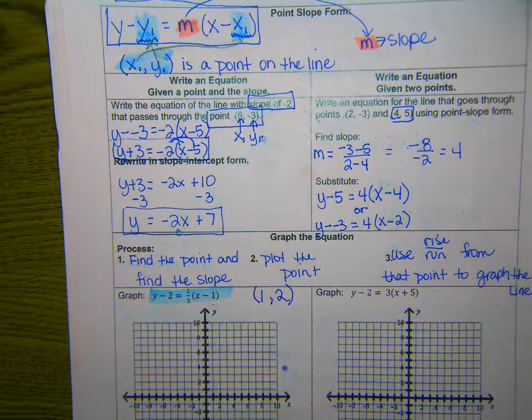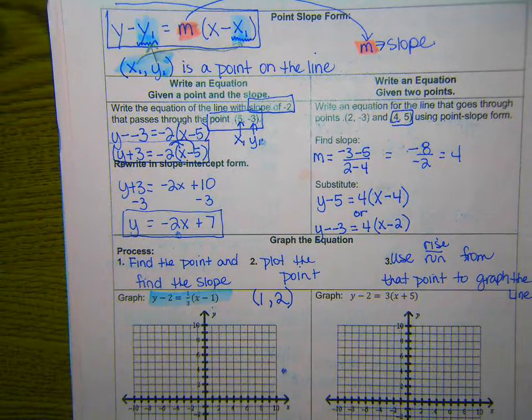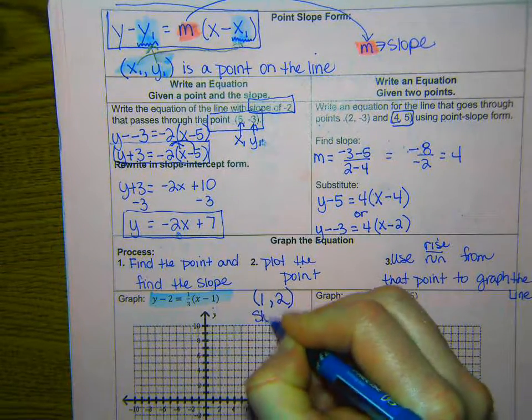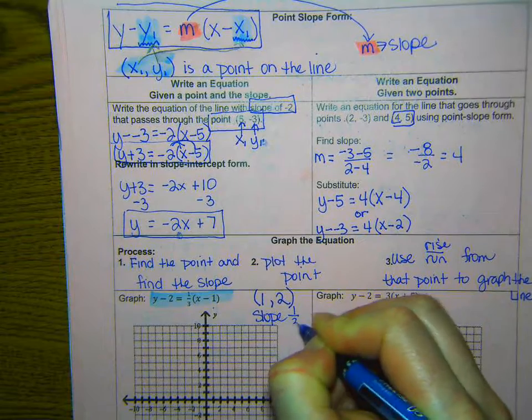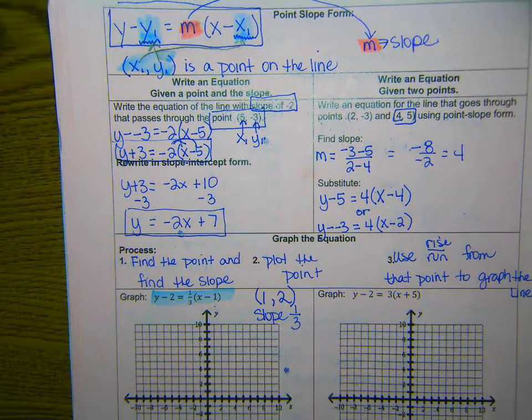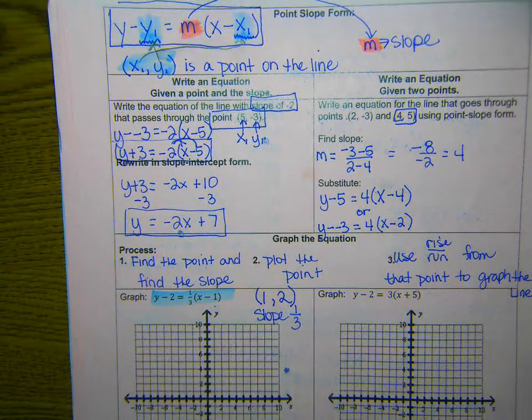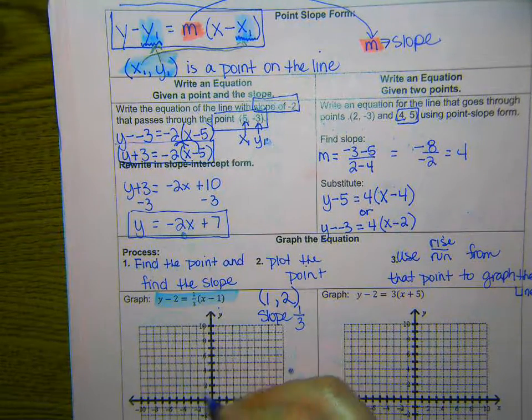Alright, now find the point and the slope. What's the slope? 1/3. Now what do I need to do? Plot the point. Would you plot the point 1, 2?